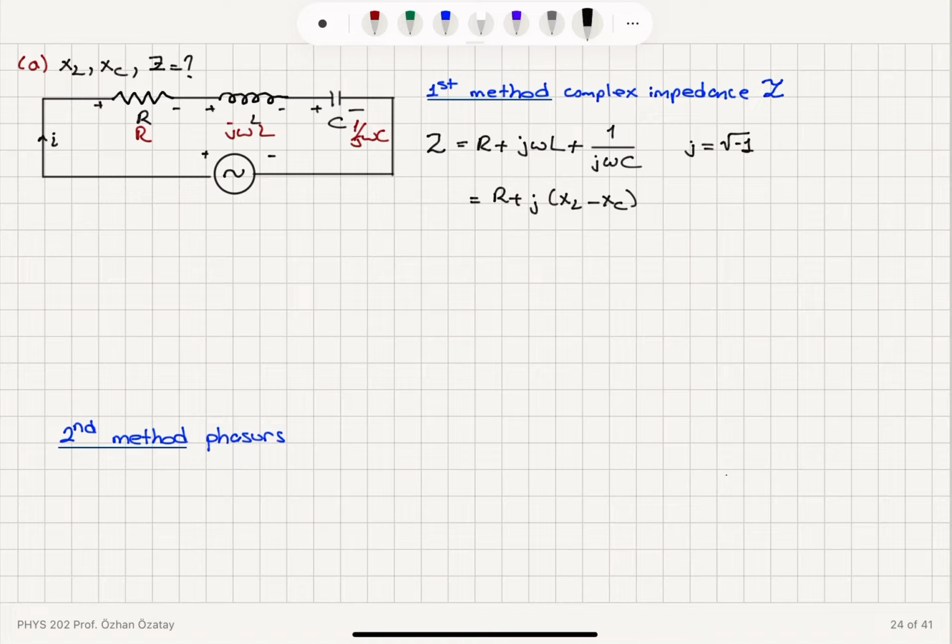What I'm calling XL, the inductive reactance, is equal to omega times L, which is 2 pi 60, the angular frequency, multiplied by the inductance 1.25 henries. This gives us an inductive reactance of 471 ohms.